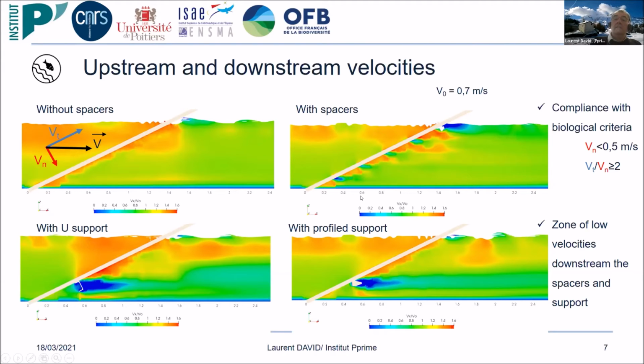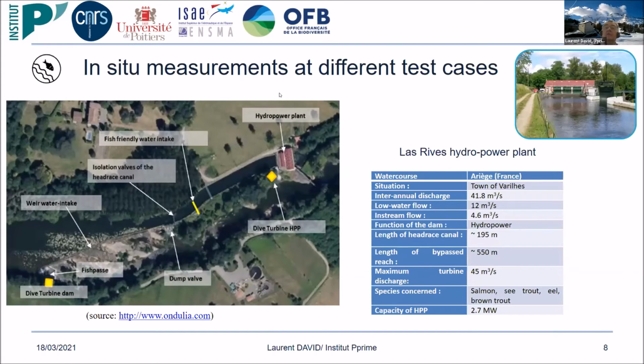Other measurement has been done in situ. Also, we did some measurement at different test cases. So we just present the most popular that we showed in the different presentations. Also, it's the Las Rives hydropower plant. It is on the Ariège River.